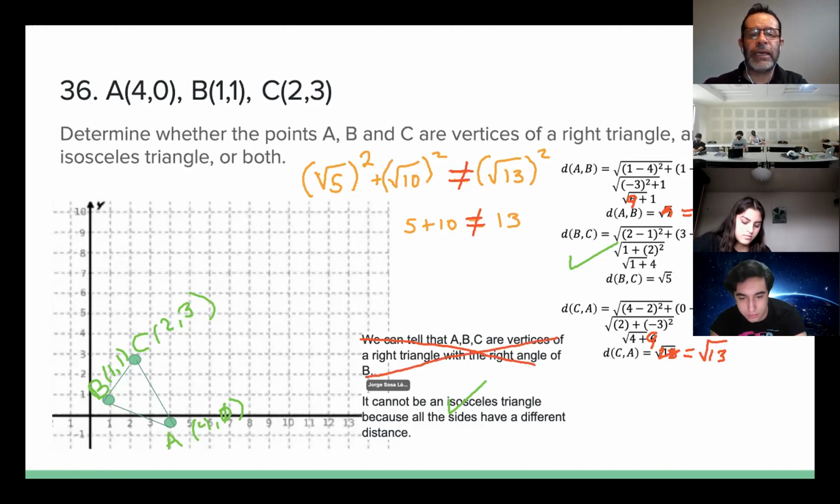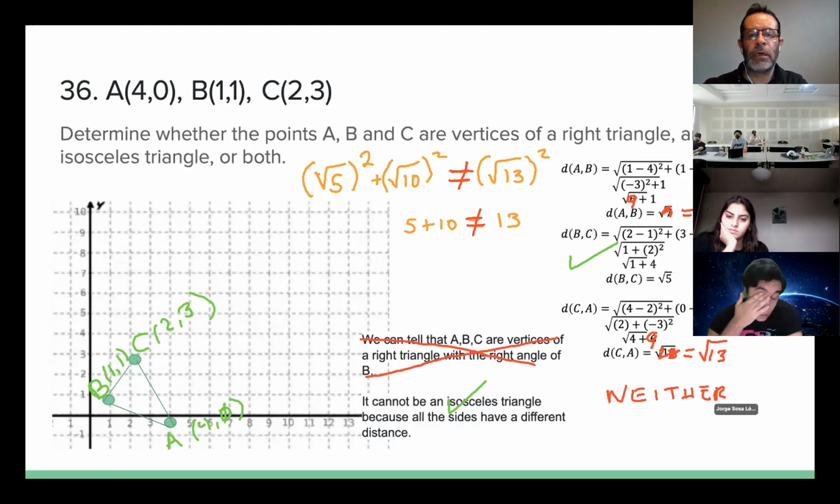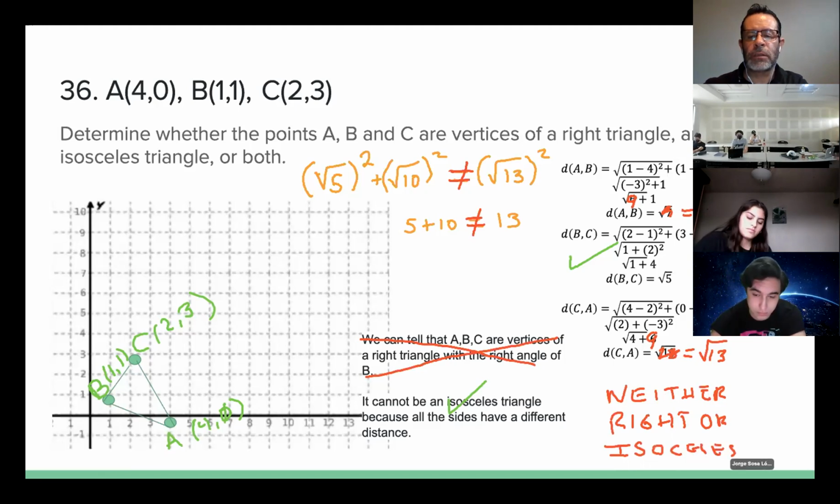So it is neither a right nor an isosceles triangle, assuming that the calculations are correct. Okay. Questions with this one? Was that clear? Yes.